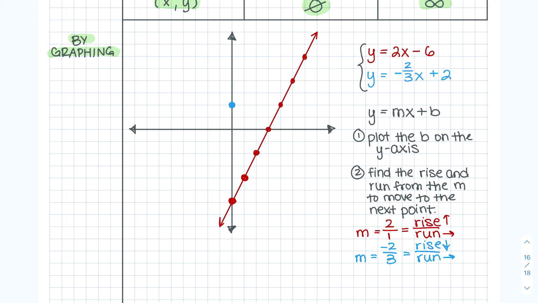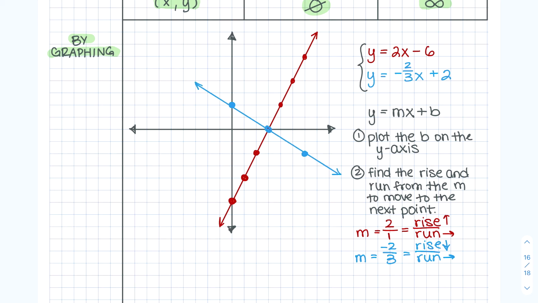Okay? So starting at my blue point, I'm going to rise down 2 and over 1, 2, 3. Down 2, over 3, and that's about as far as I can go. Okay? And when I connect my dots here, this is the line that I kind of get.